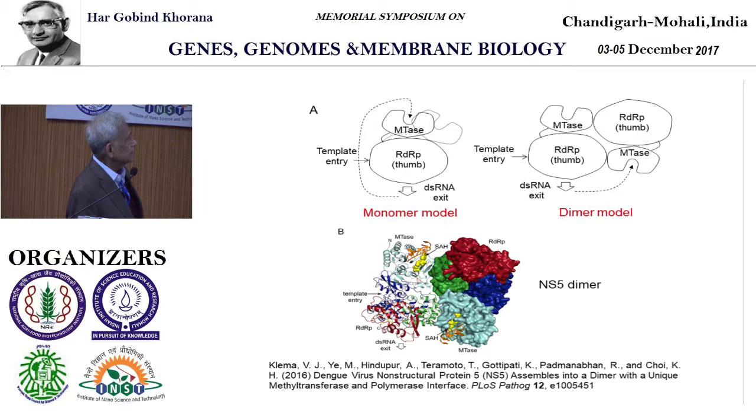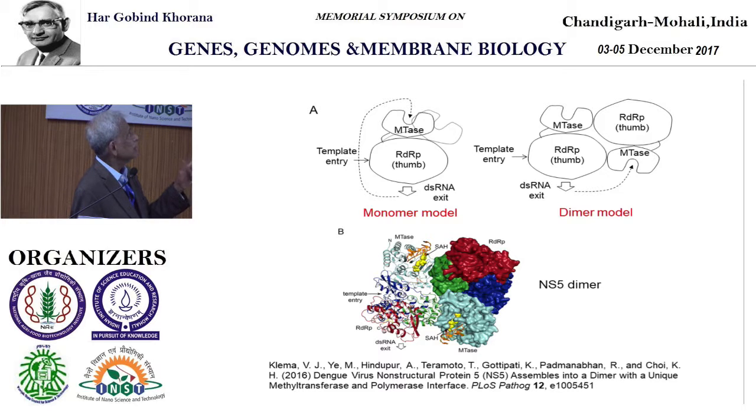Recently, my collaborator Kyung Choi solved the structure of full-length dengue NS5, and she showed that it's a dimer. She proposed a model: if NS5 is involved in both RNA synthesis and capping, the methyltransferase domain is in the N-terminus and the RNA-dependent RNA polymerase activity is in the C-terminus of NS5.